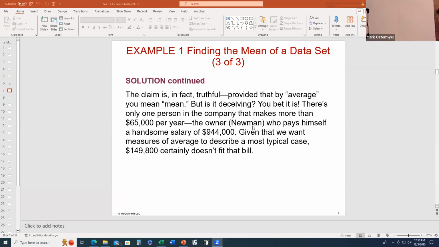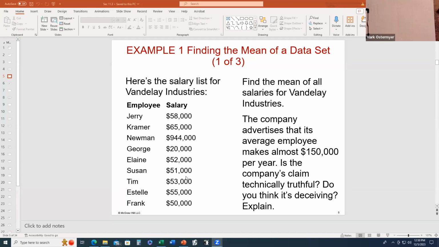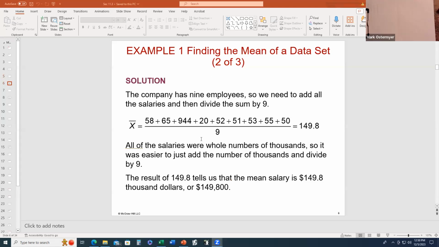And this is just re-emphasizing what I just explained, ladies and gentlemen, that the mean, although about $150,000, is a very poor representation of what, in general, the majority of the salaries are. And that's thanks to this outlier value of $944,000.